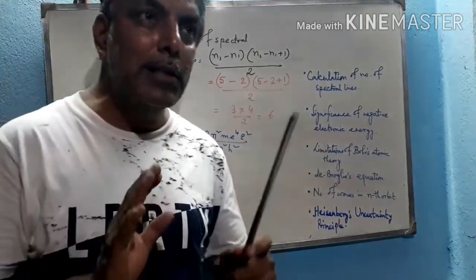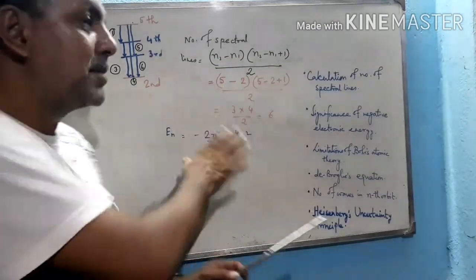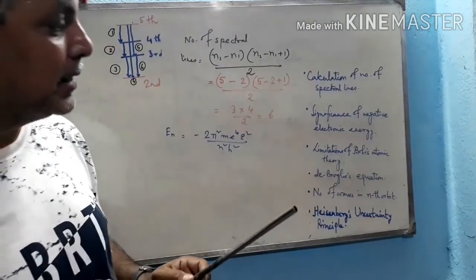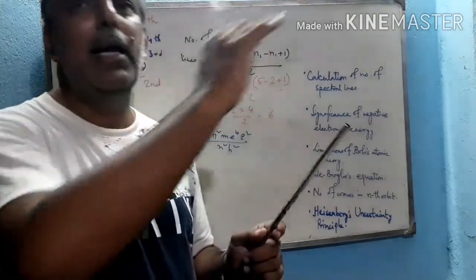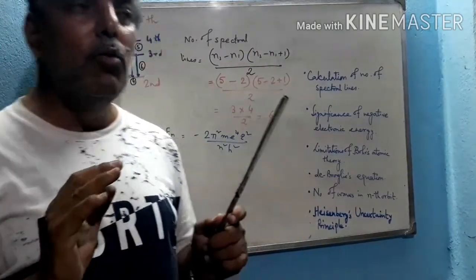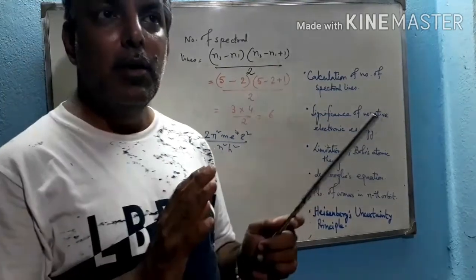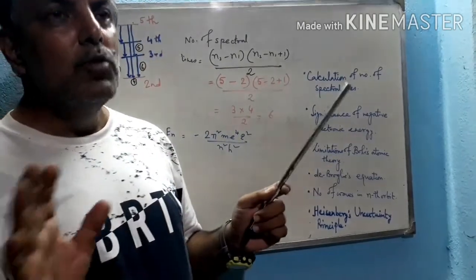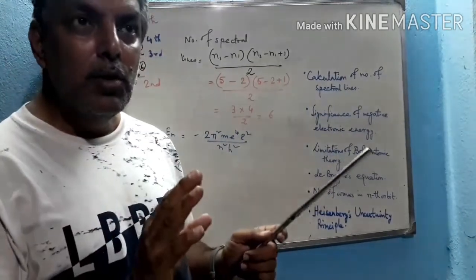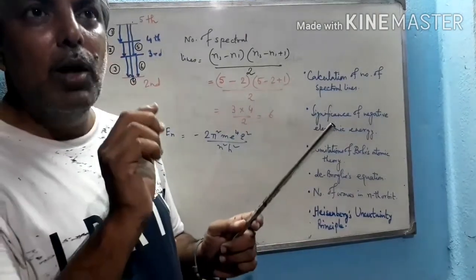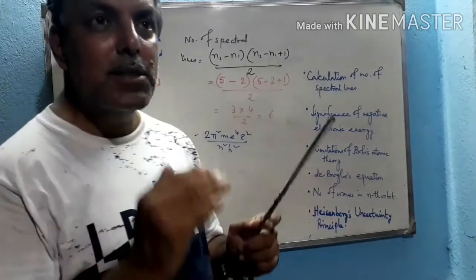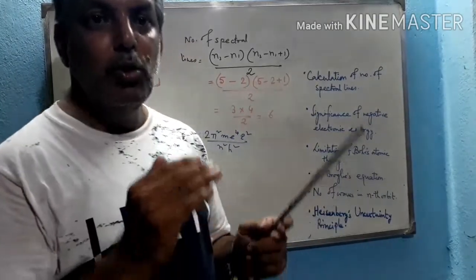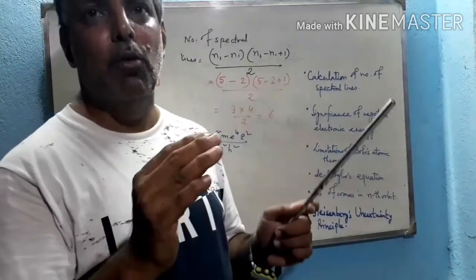This is the mathematical expression, but the theoretical significance is that whenever the electron moves freely in space, no nuclear attraction operates on it, so it is completely free. The force of attraction is zero. We know that energy equals force into displacement, so whatever the displacement may be, as the force of attraction is zero, the energy is zero.